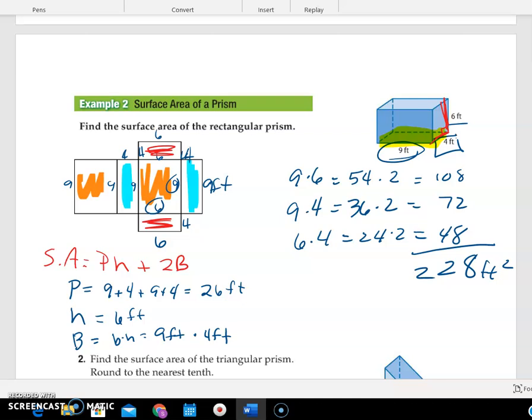And so now I'm ready to fill it in. It says surface area is perimeter, so the perimeter was 26 feet, times the height. The height was 6 feet. So we're going to take that and add 2 times the area of the base. The area of the base was 36 feet squared.